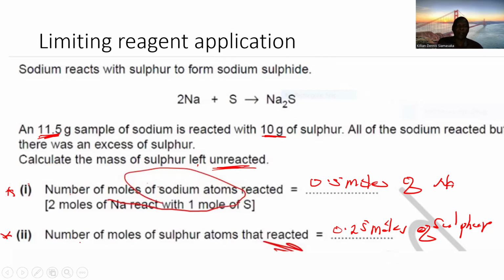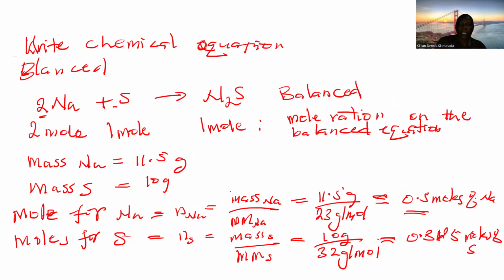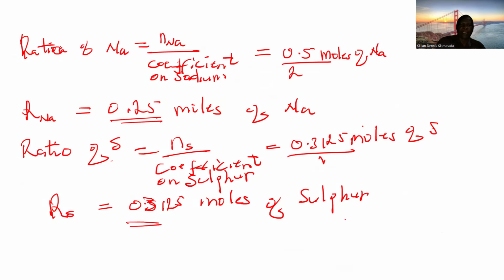Now, if you are to calculate the mass of sulfur that is left, you have to look at the number of moles for sulfur that actually reacted, which is this one here. So you subtract it.